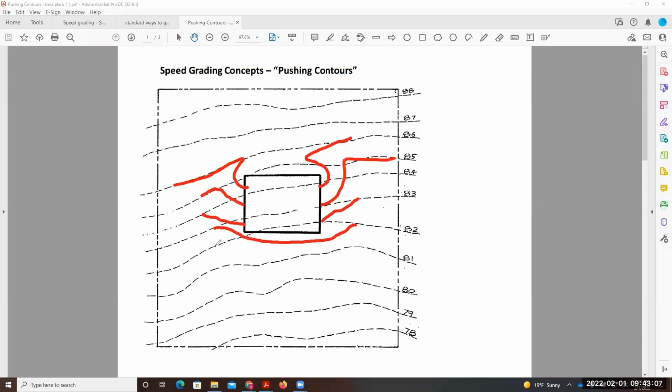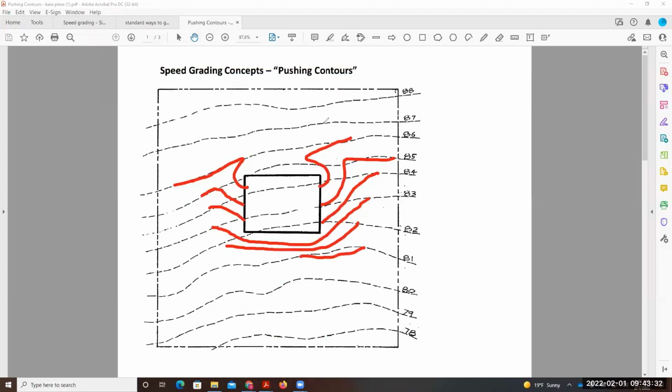Did I connect that to the right one? Nope. Sorry. Let's go back. 84 to 85. That's right. So this one could just come down like this to 84, and then it could just connect right back there to the 84. This 83 could just come around, hit 82, 81.